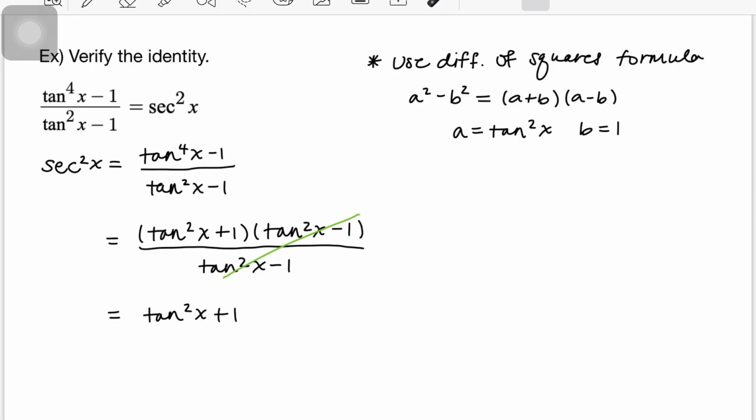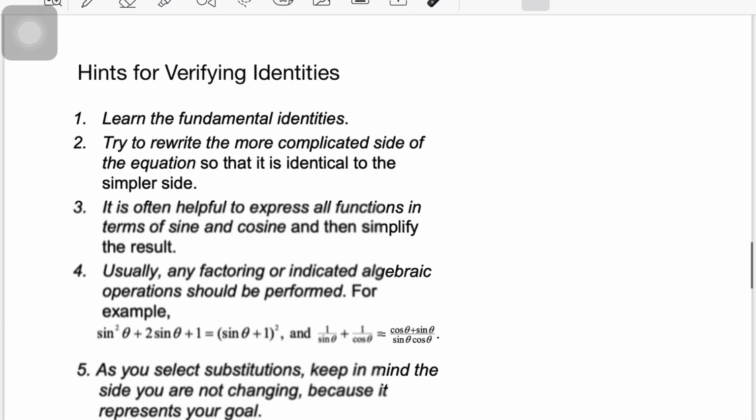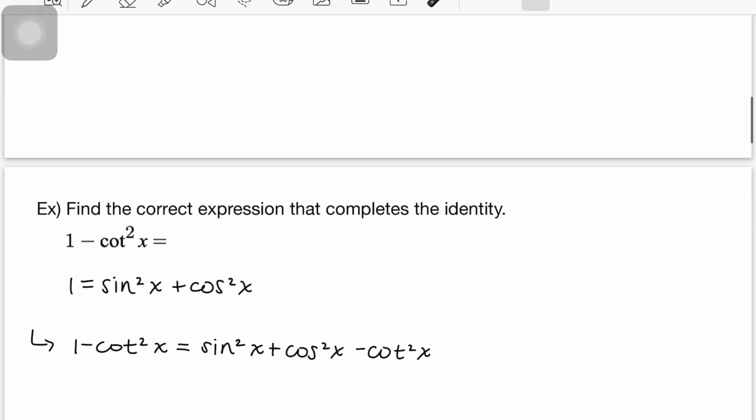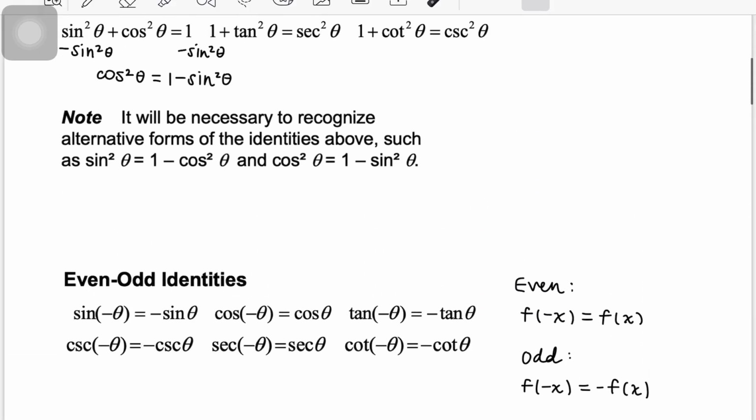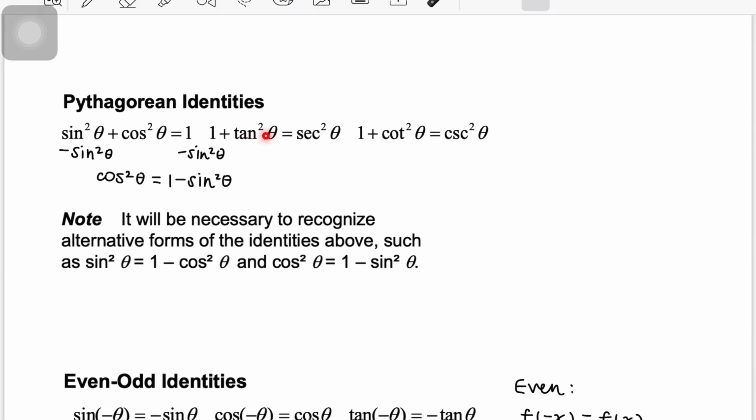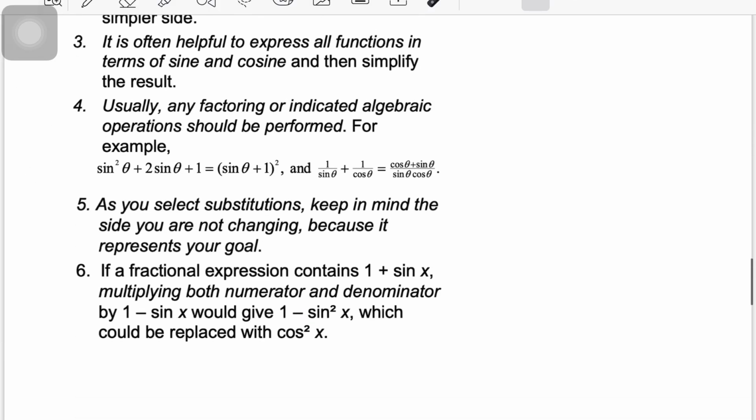Now what we want to do is keep in mind what we're trying to show. We're trying to show that this is equal to this. So we'll keep simplifying this until we end up with this on the left-hand side. And remember, this is actually another Pythagorean identity. Going back to the top here, 1 plus tangent squared theta is going to be equal to secant squared theta.